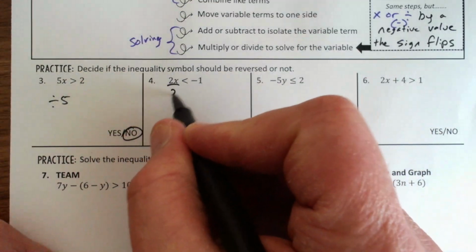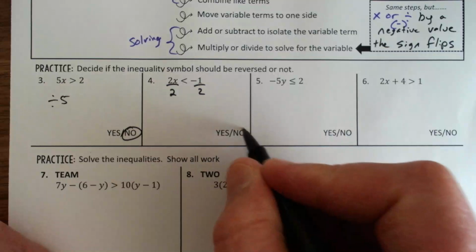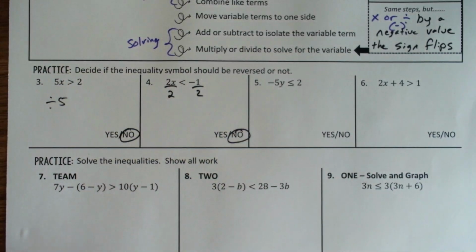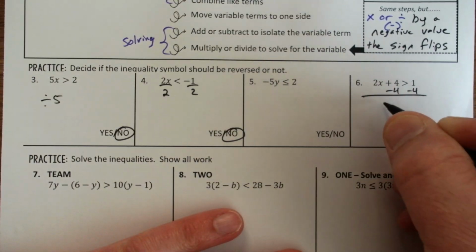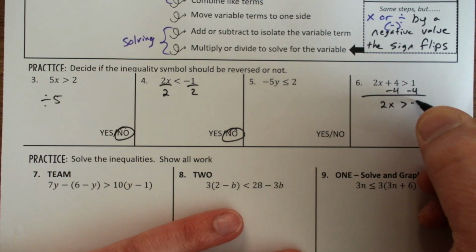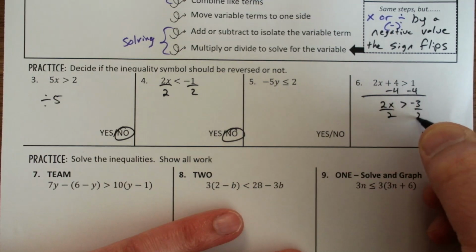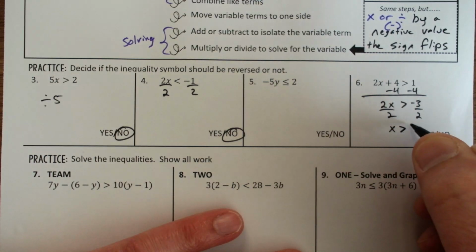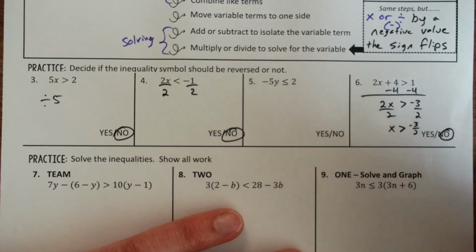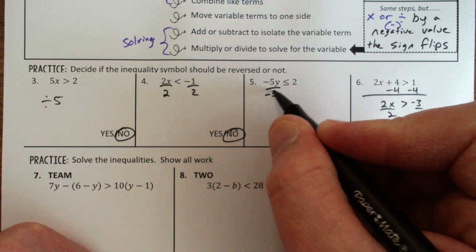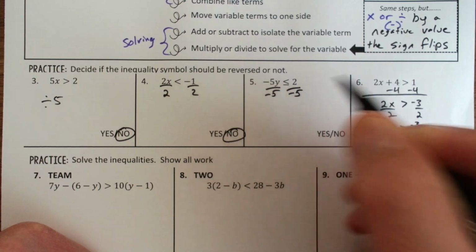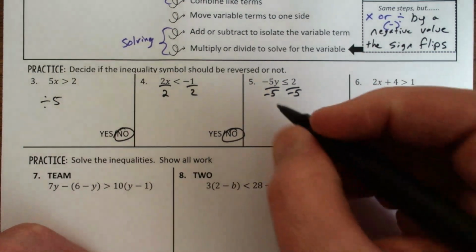Here, I divide by 2. No, the sign does not flip. Here, I would subtract 4, then divide by 2. So no, my sign doesn't flip. Here, I would divide by negative 5. So yes, my sign flips.